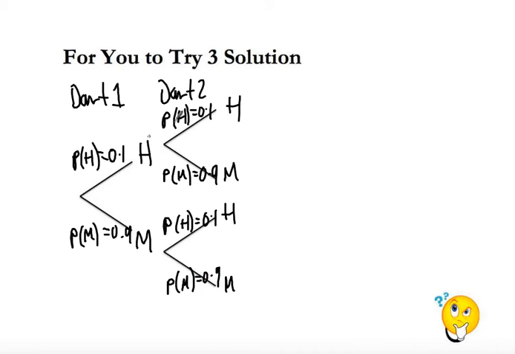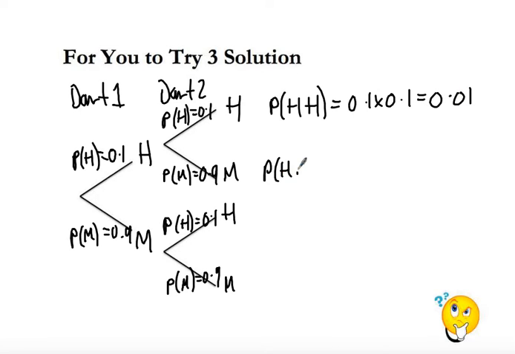Working across the branches, remember, independent events, if I want the probability of a hit and a hit, we're going to get 0.1 times 0.1. I'm only going to write it out the first time: 0.01. So then the probability of a hit and a miss equals 0.09. Probability of a miss and a hit is 0.9 times 0.1, so I get 0.09.